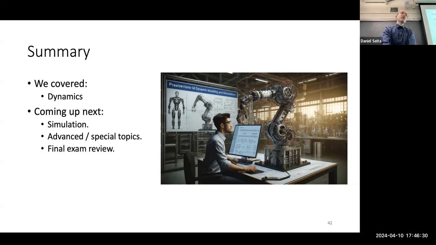One thing I do want to cover is some common robotics simulators that my lab uses a lot, and how to do learning from simulation, so you can deploy a robot in the real world by learning in simulation. After that we'll have the more common topics that you need to know in a robotics course, like 3D representation, geometry, and stuff like that. And then the final exam review.